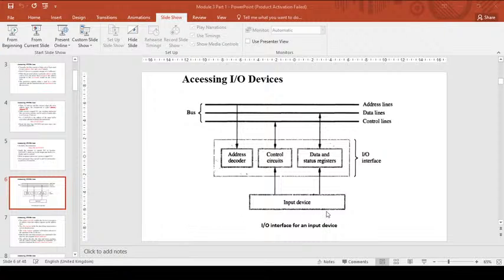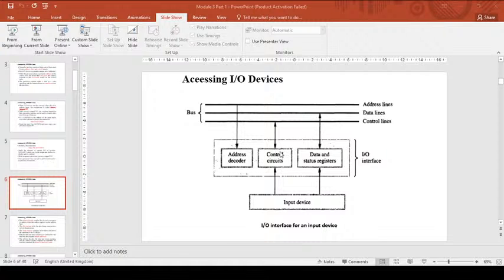There are some other bits also which are out of the scope of our syllabus and this text. The concepts we are discussing are related to only DEN and KEN, so only those are shown, because in this chapter we are discussing interrupts and accessing the IO devices. And data in and data out are used to hold the 8-bit data.